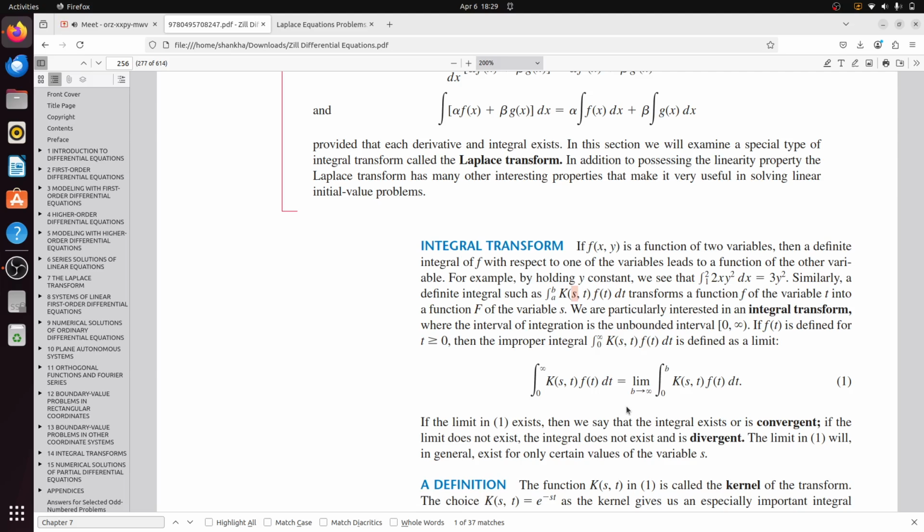That's why the logical argument is to keep the interval as a to b, because we want to consider the integral over half of the real line. If f(t) is defined for t greater than or equal to 0, then the improper integral from 0 to infinity of K(s,t) f(t) dt is defined as the limit, as b tends to infinity, of the integral from 0 to b of K(s,t) f(t) dt.